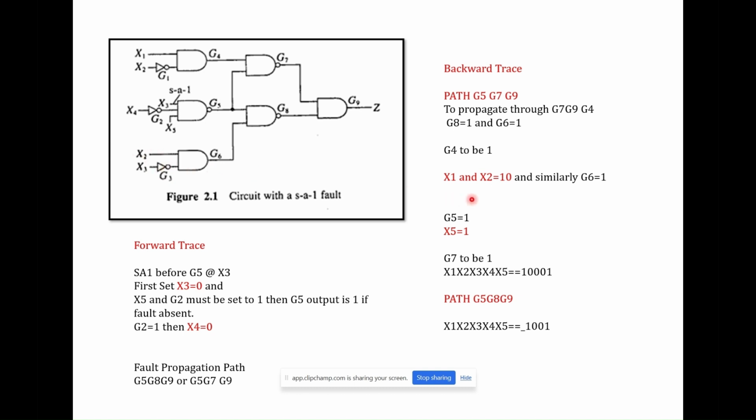So this is how we identify the values of X1, X2, X3, X4 and X5 when it is passing through G5, G9. So the value 10001 is the test vector for this case. For another path, similarly, X1 is independent, maybe 1 or 0, it's okay. All other values are 1001. So this is how we find the test vectors for the given circuit.